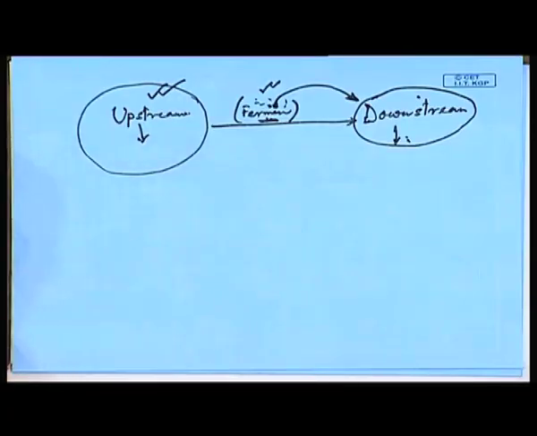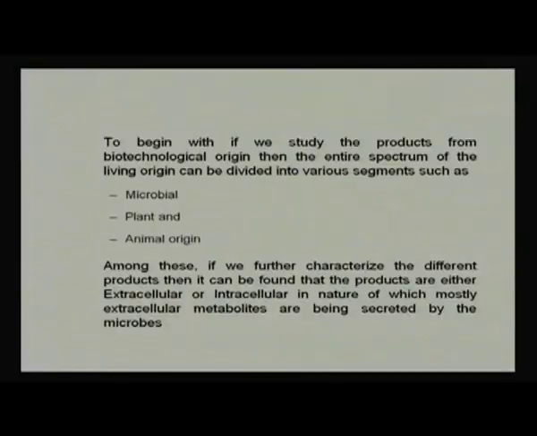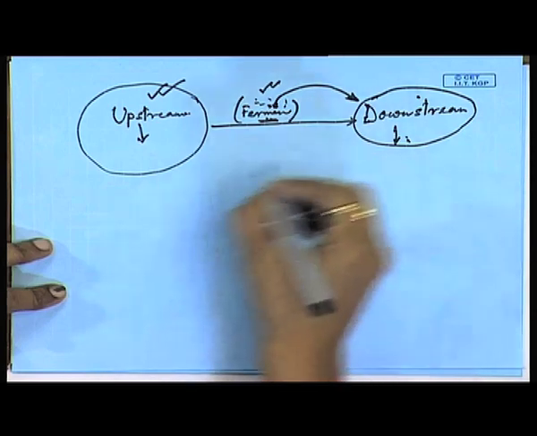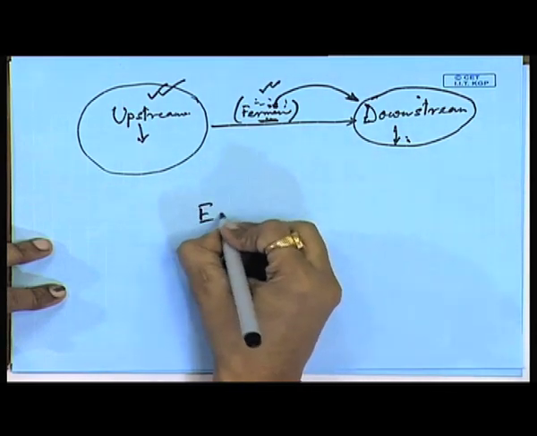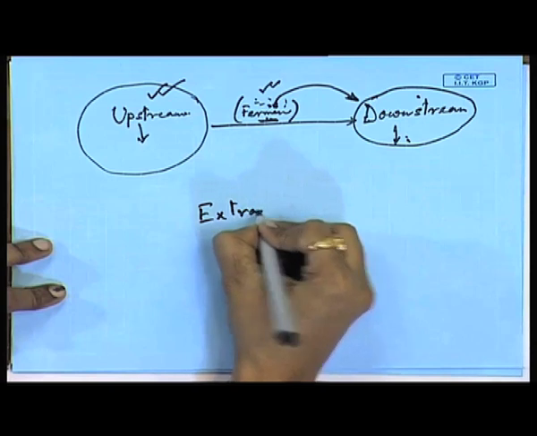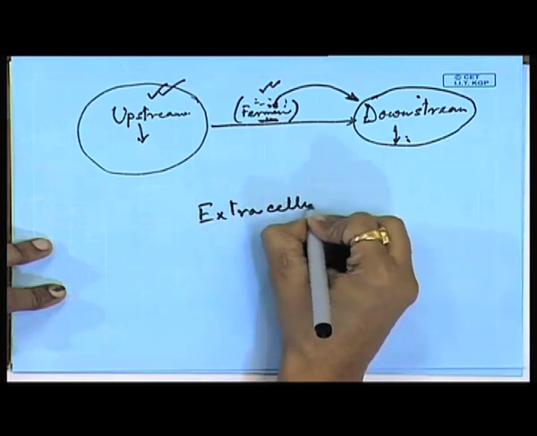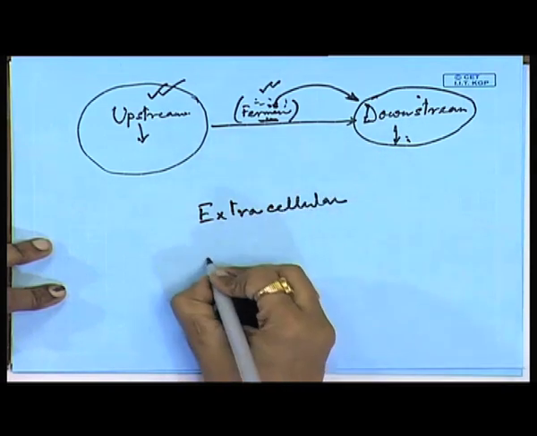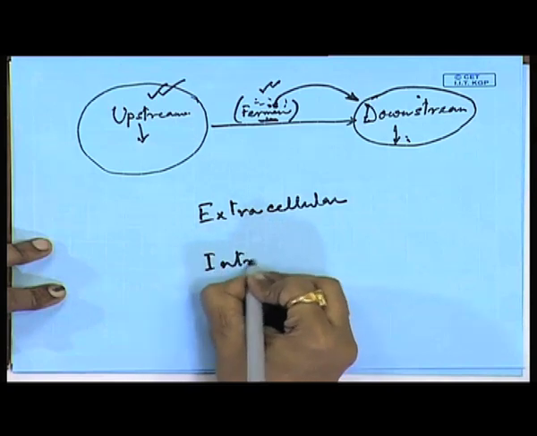While starting downstream processing, we have to have an idea about its strategies. When we talk about the strategies, we are mainly talking about two processes. If this is a microbial process, the product can be in two different forms: one is the extracellular metabolite, another is the intracellular metabolite.